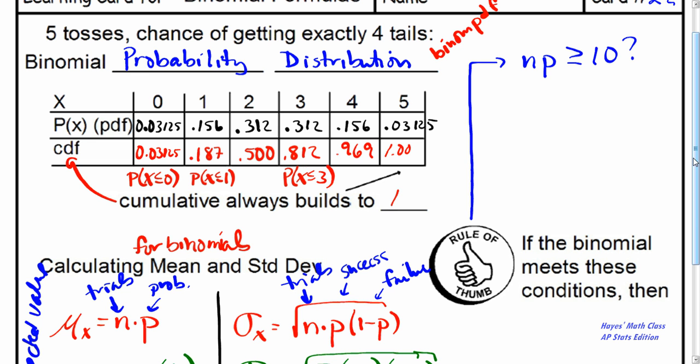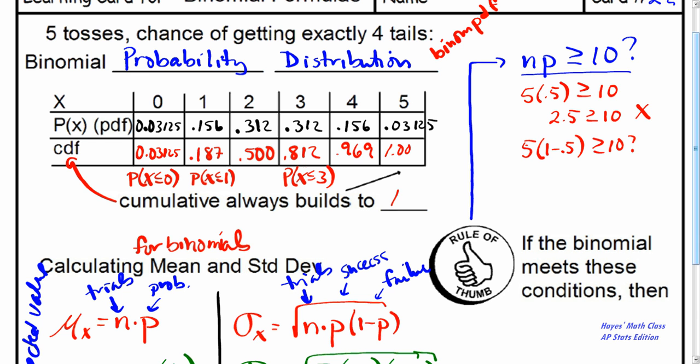You do it for both success and failure. So in our case, is 5 times 0.5 bigger than or equal to 10? I get 2.5, is that bigger than 10? Nope. So that'd be enough to fail it. You would go ahead and check the failure one too. Again, I'm going to get 2.5, and that's not bigger than or equal to 10.